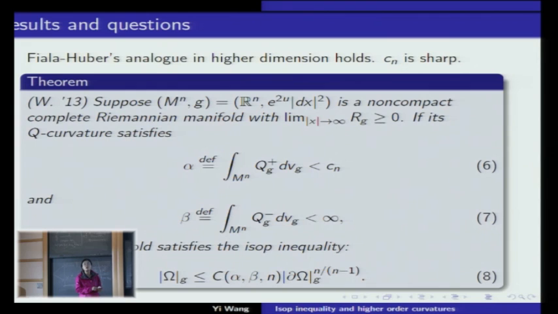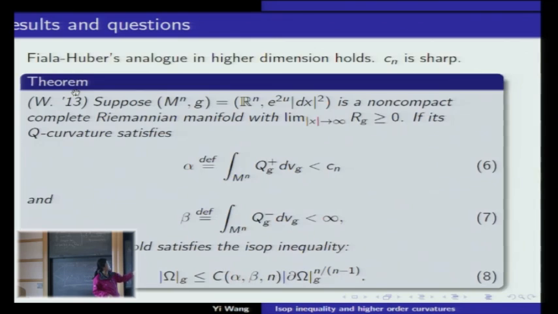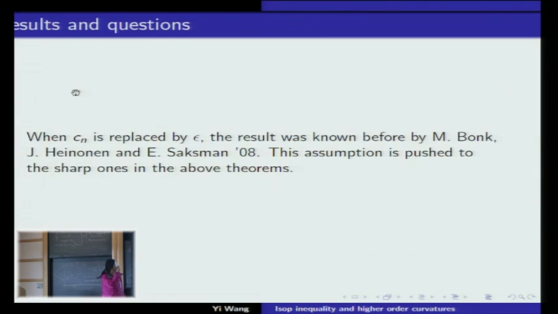All right, so let me say that when this sharp constant Cn is replaced by a small number epsilon, this type of result was known. This is a result by Mario Bonk, Juha Heinonen, and Eero Saksman back in 2008. But we pushed these assumptions to the sharp ones in the above theorems.